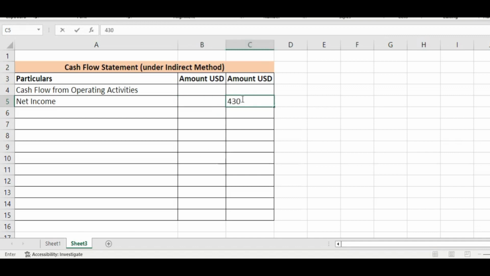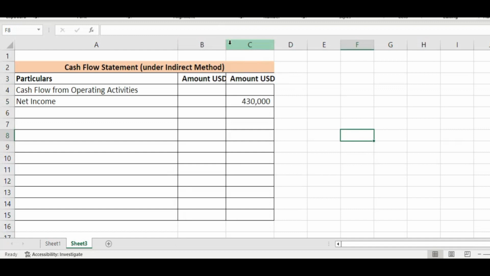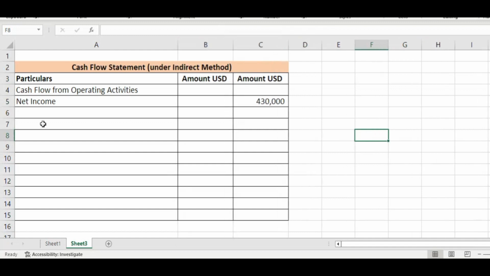Net income means the income this company's income statement represents, which is known as net income. Net income is 430,000. The adjustments will be included here.